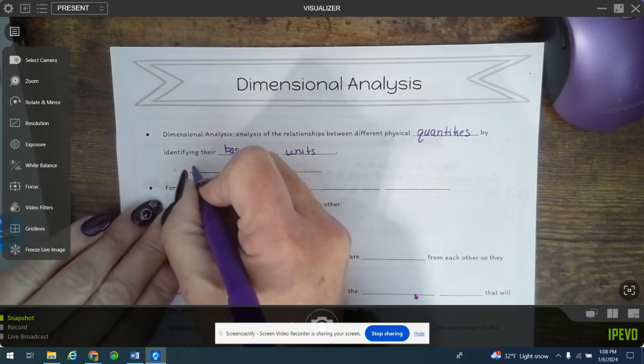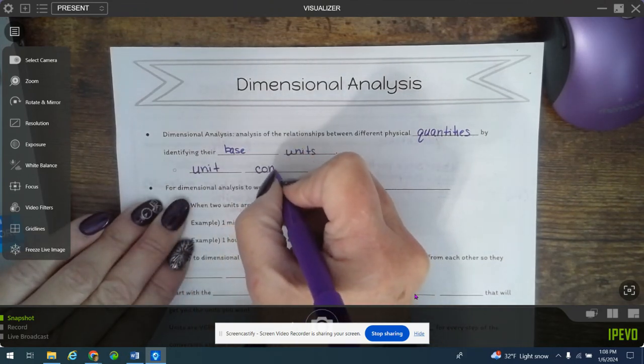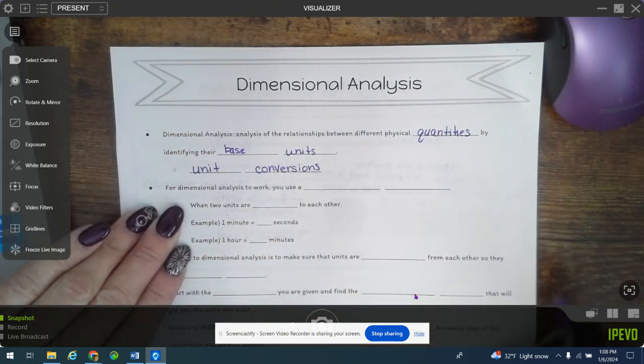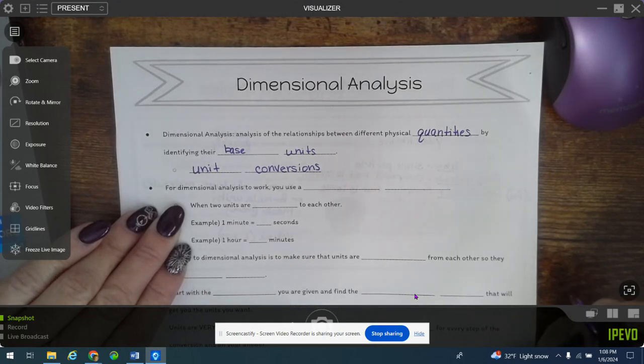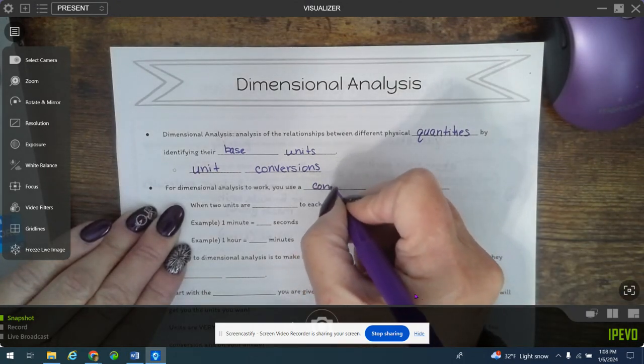Another way we might see this termed is unit conversions. For dimensional analysis to work, you have to use a conversion factor.